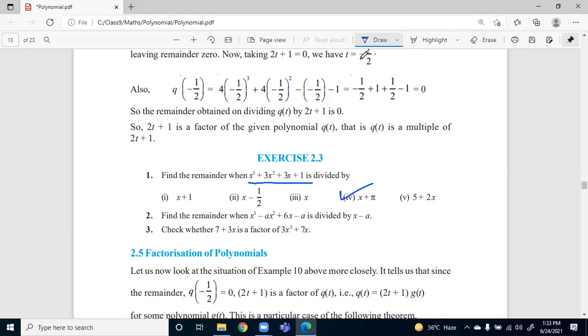Ma'am, is the answer a cube plus a square plus 5a? That is incorrect, Leona. Please take care of calculation while you are doing the question. Recheck.